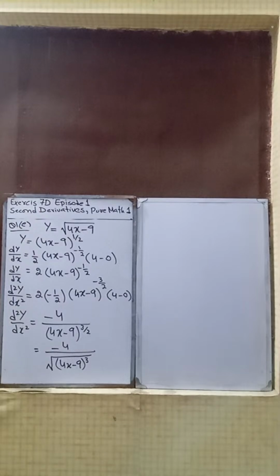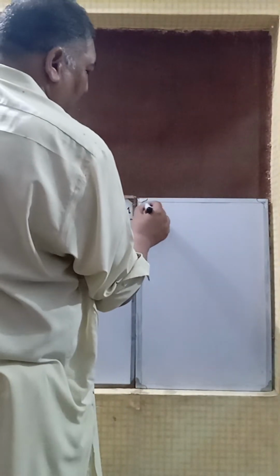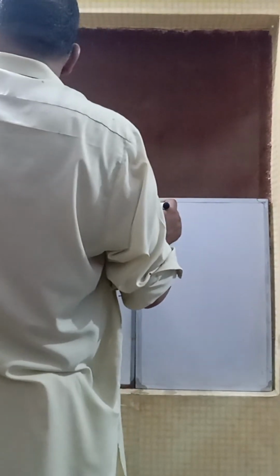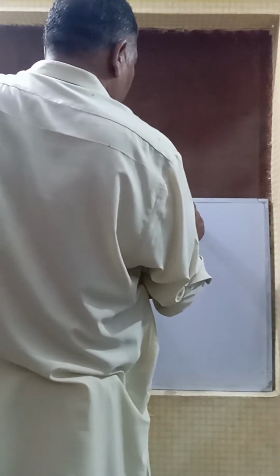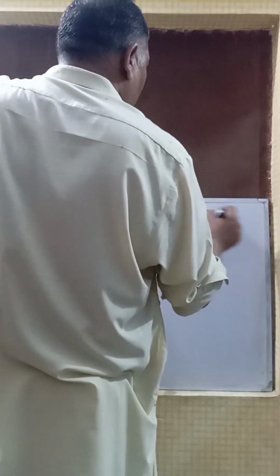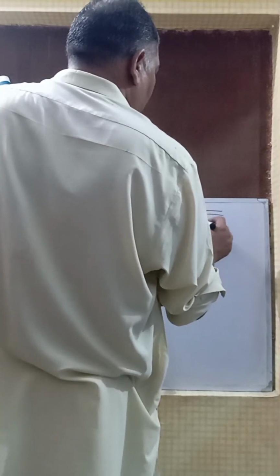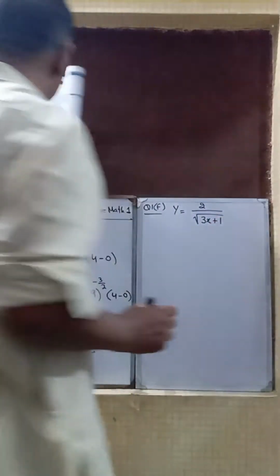Question number 1, F part. He says y is equal to 2 divided by the square root of 3x plus 1.